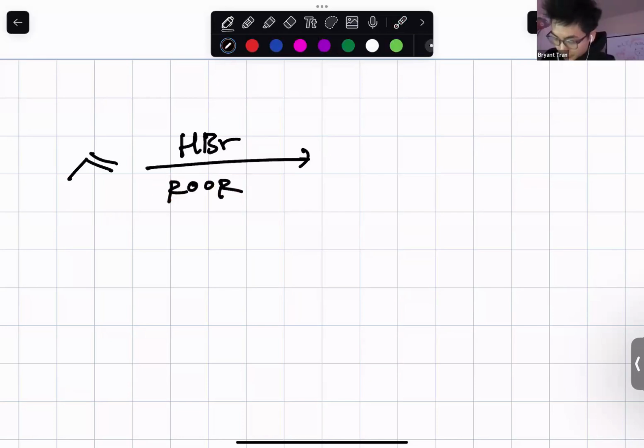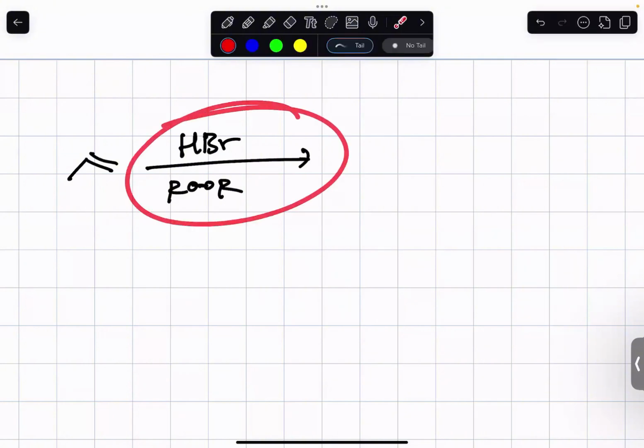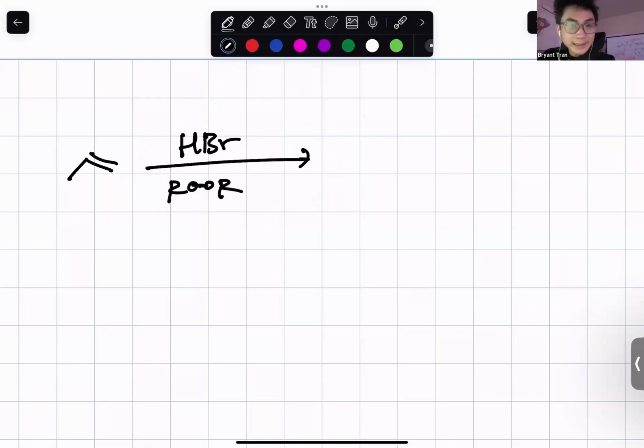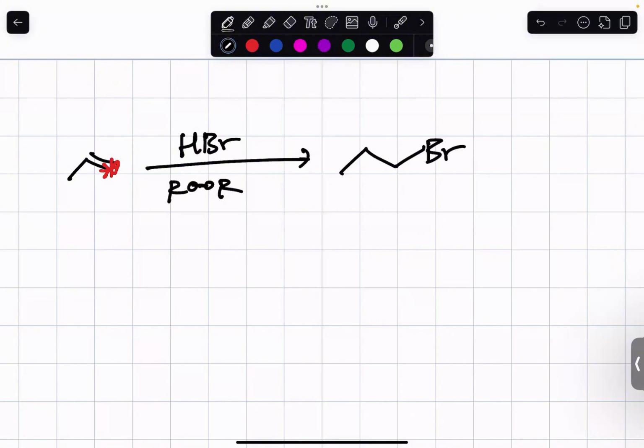It could be any random group, but the most important thing here is the bond between the two oxygen atoms. When you see this, we're going to do an anti-Markovnikov addition where we attach the bromine to the less substituted carbon of the alkene, which is this carbon right here. So we're going to attach bromine on that carbon right there, like that.